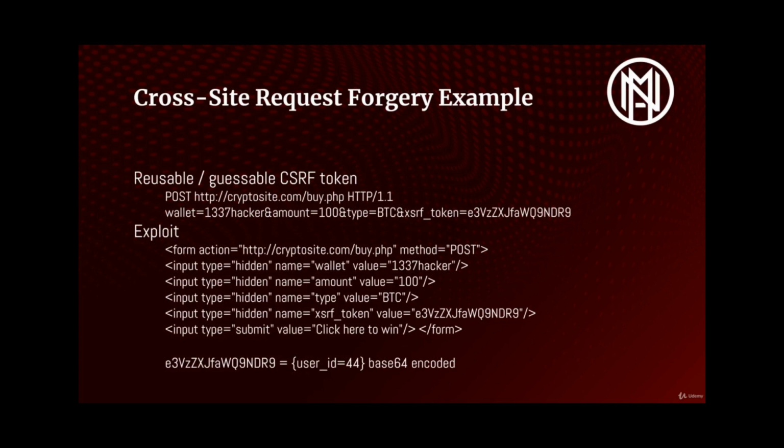There's going to be a bunch of different parameters and values that it's expecting, like wallet, the amount, the type, and a CSRF token, which in this example we've identified that we can reuse. And also it is a button that says submit, and you click here to win. The attacker created this, and the victim just clicks on it. And as soon as they click on it, it performs that action and sends all this information to buy.php using a POST request.